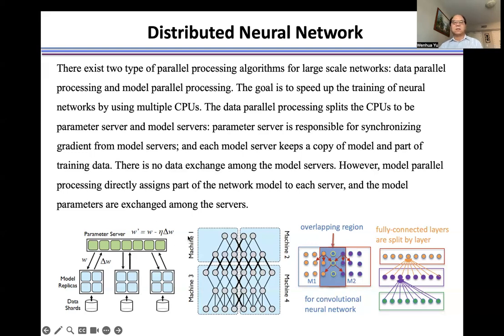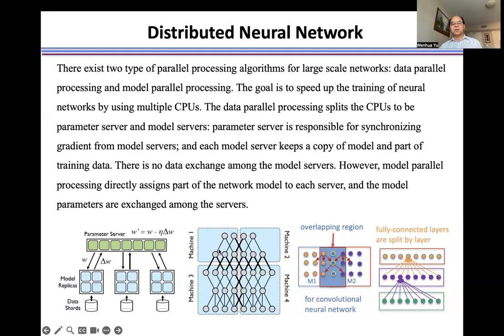The other method, model parallel processing, is different. If a single server cannot hold the complete model, we have to split the model into many small pieces and assign each small piece to an individual computer.